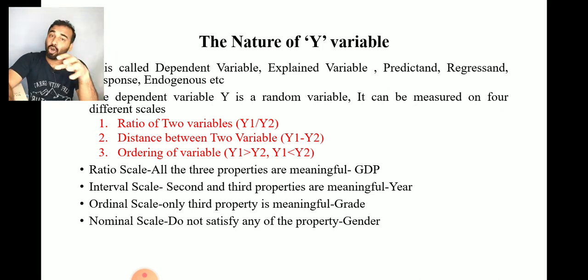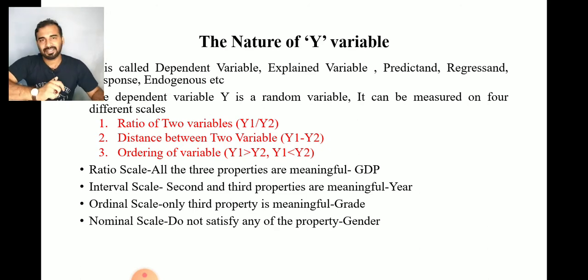Okay, then the ordering is also possible. Malappuram is greater or hotter than Calicut. That is the ordering. Or 2020 is a newer year than 2019. So ordering is possible. So these two conditions, the distance has meaning and ordering is possible, such a variable is known as an interval scale variable.